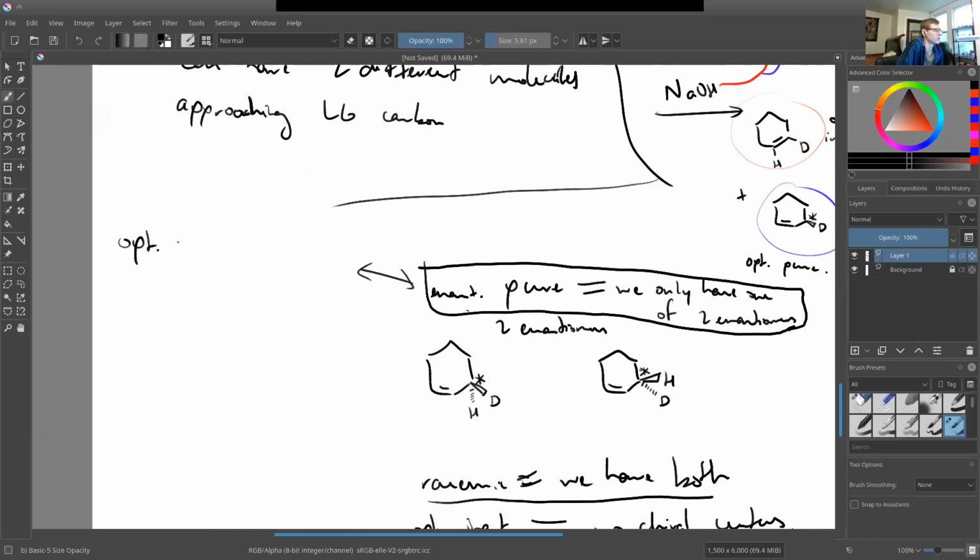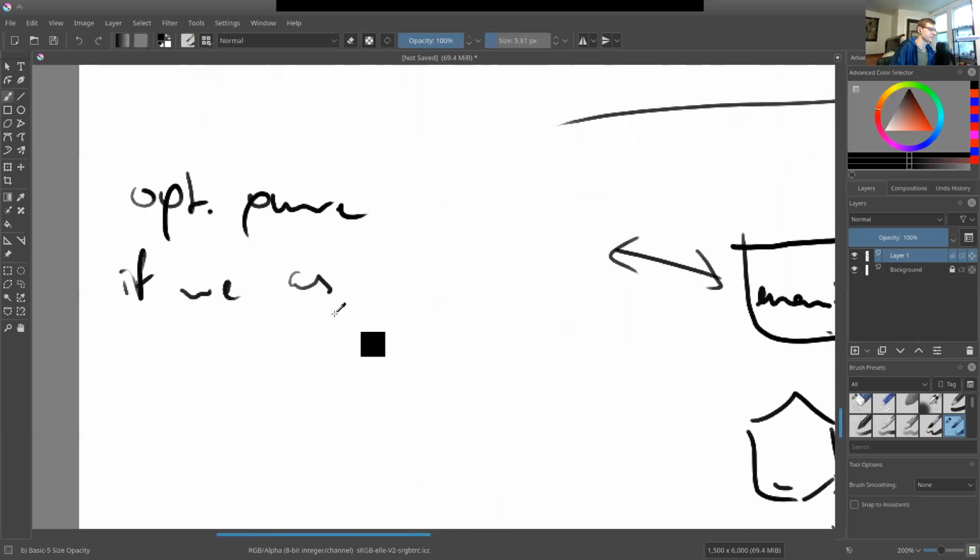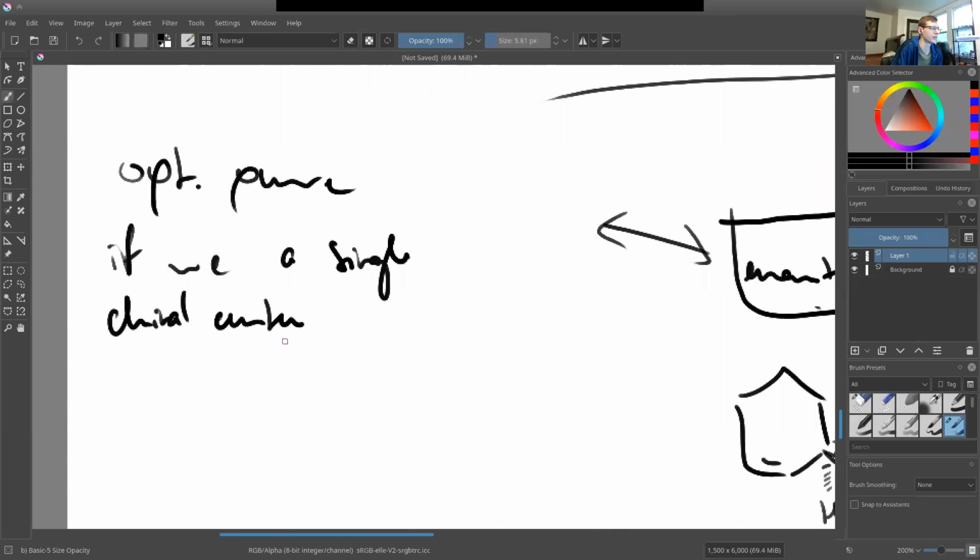And so optically pure is, for example, if we have a single chiral center, and only one of its enantiomers, right?